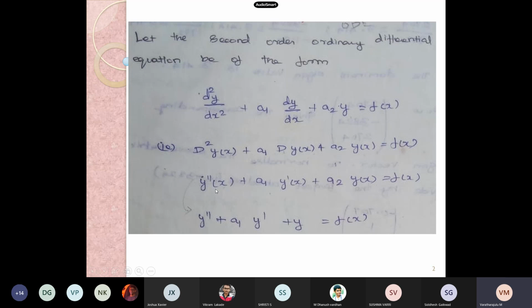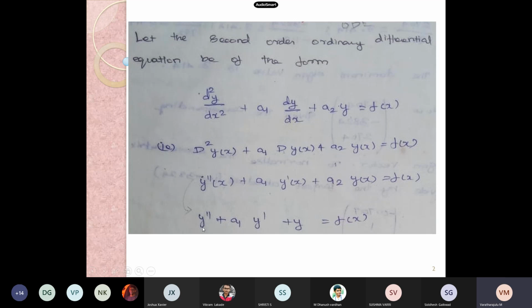Here, if y was differentiated one time with respect to x, that is denoted as d, and if it is differentiated 2 times, that is written as d square. This is again written as y double dash of x plus a1 into y dash of x plus a2 into y of x is equal to f of x. Since the differentiation is made with respect to x, we can neglect x.